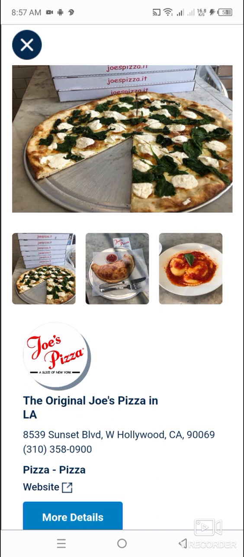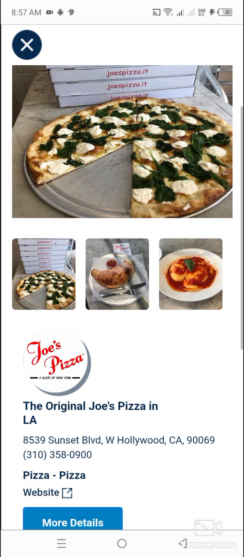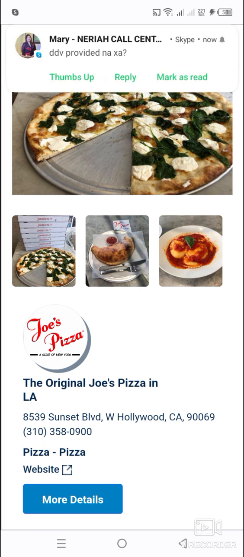For example, Mr. John Smith went to this pizzeria, the original Joe's Pizza in LA, and the date is July 11th, let's say. So he cannot use another gift certificate for that same restaurant in a period of 30 days.